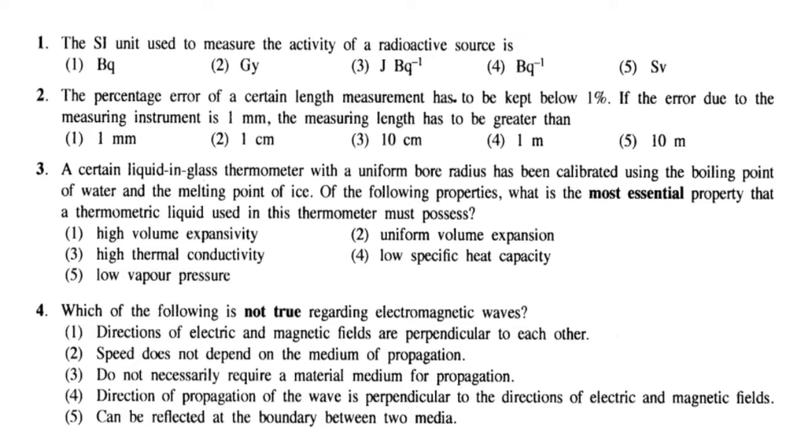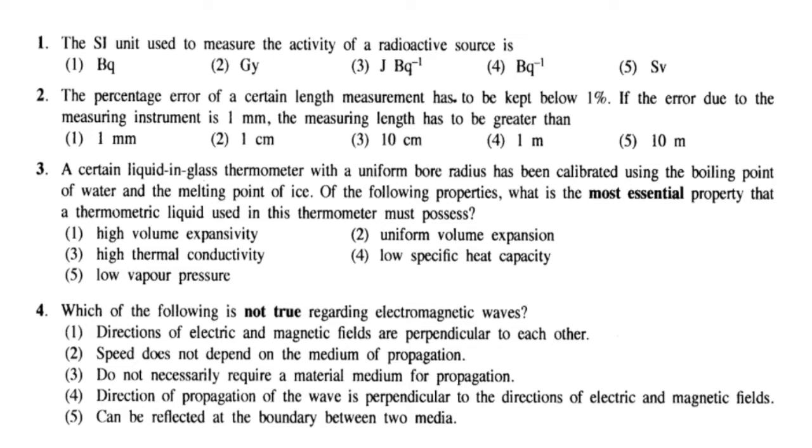Question number 2, they are asking for a measurement of a length given that the error due to the measuring instrument is 1 millimeter, and also the percentage error of that measurement has to be kept below 1%. We take the measurement of the length as x, then we can write the percentage uncertainty as delta x over x multiplied by 100.